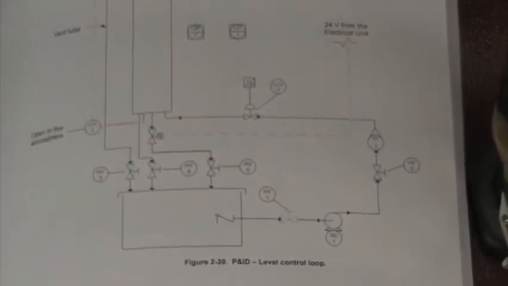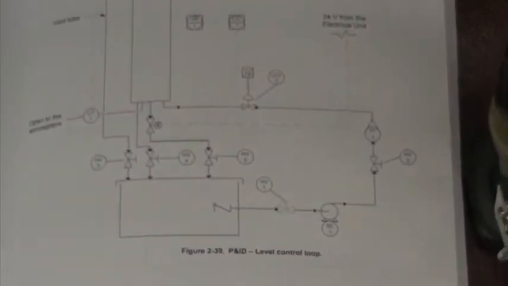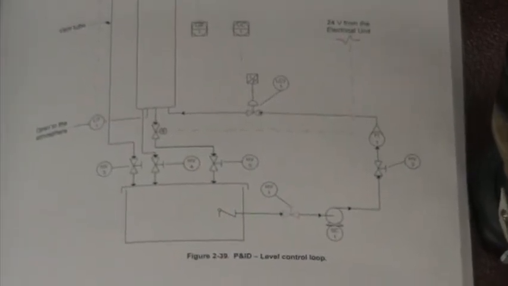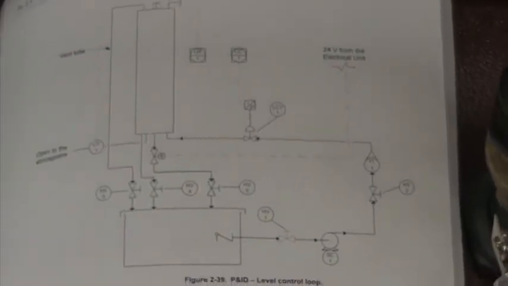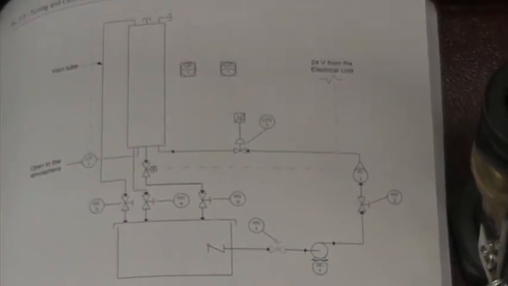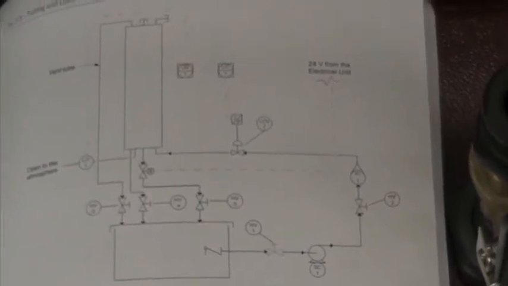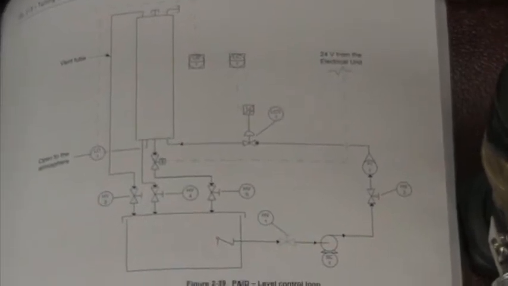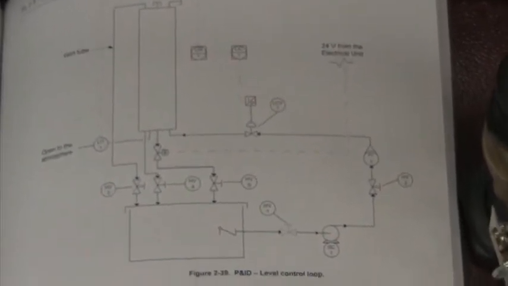I want the valve to open and close continuously. On the other hand, if the level of water is above the set point, then the control valve can't do anything to bring it back to the set point if the hand valve is closed.